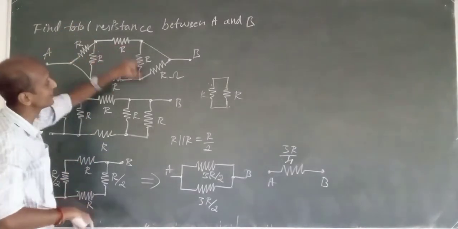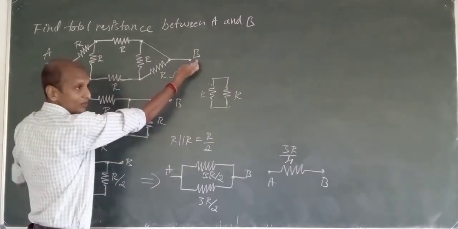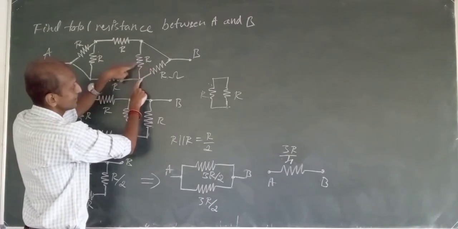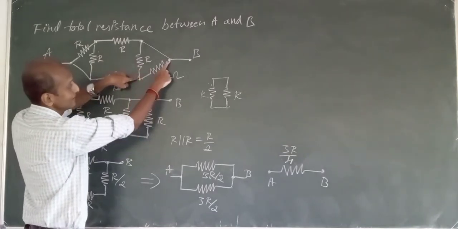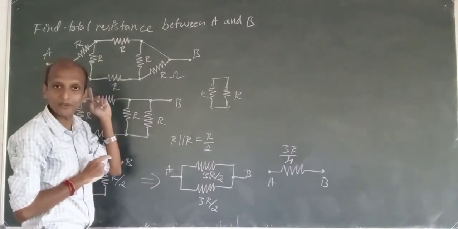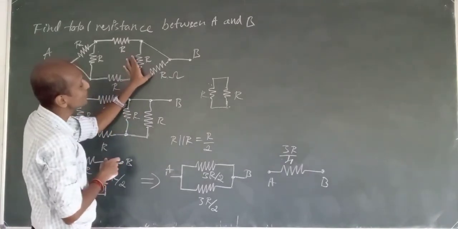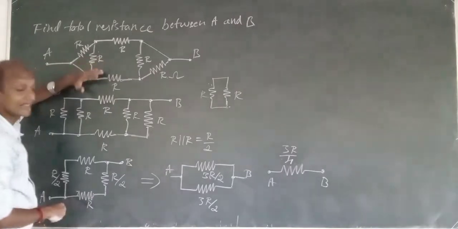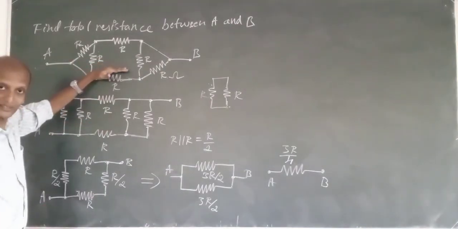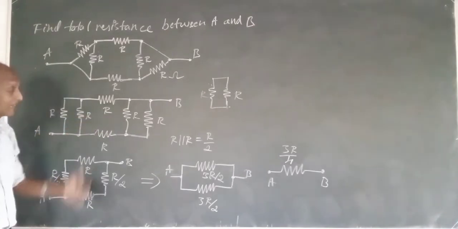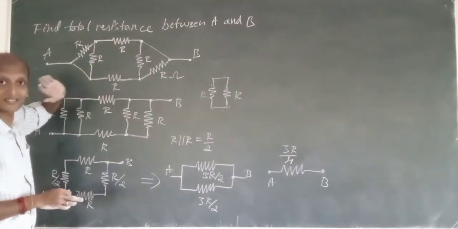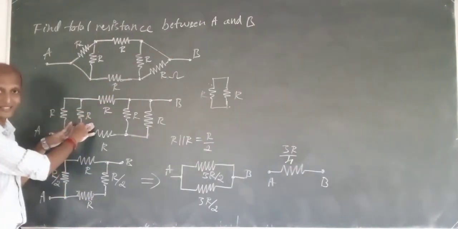In the same way here, these two ends are connected at the same point, so these two are again in parallel. So I can reduce this network in this manner, so that here we have clear understanding.